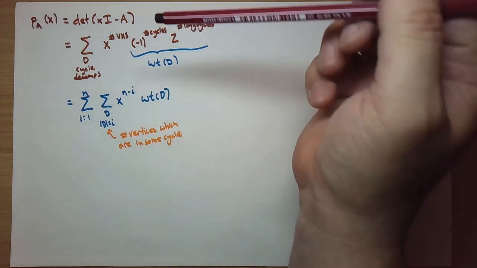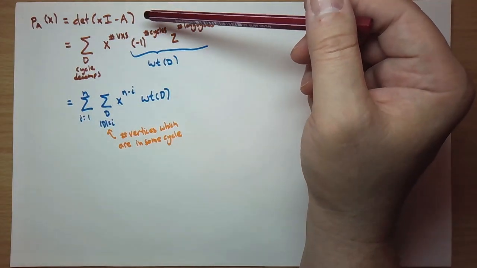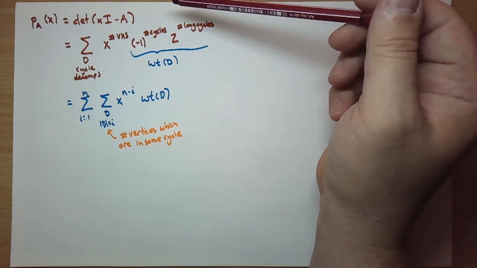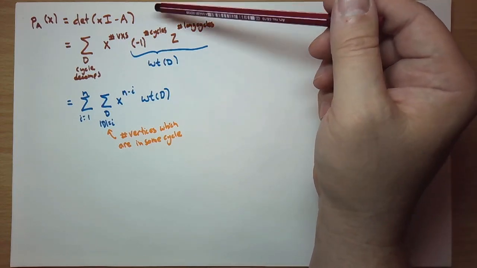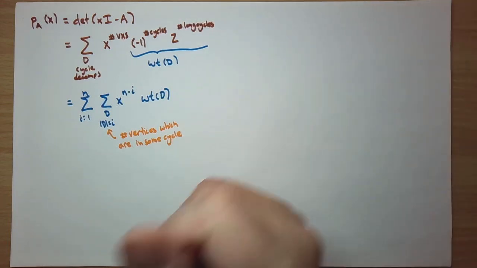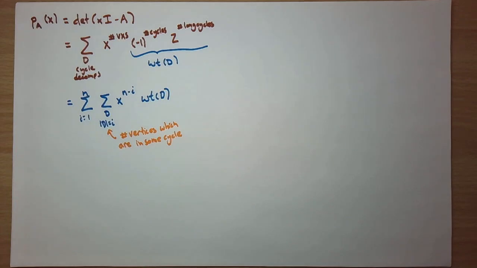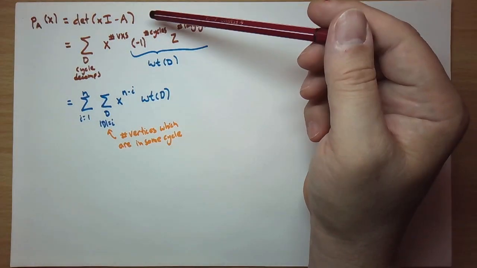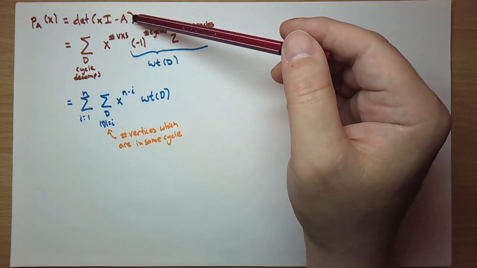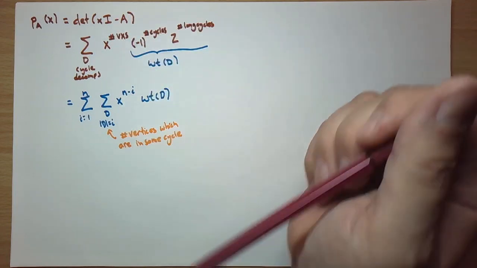So last time we were talking about computing the characteristic polynomial for a graph, and we're talking about the adjacency matrix. We'll move to the Laplacian matrix in the next lecture, or maybe if we run out of material this lecture, maybe we'll mention it today. The characteristic polynomial is the determinant of xI minus the adjacency matrix for our graph.